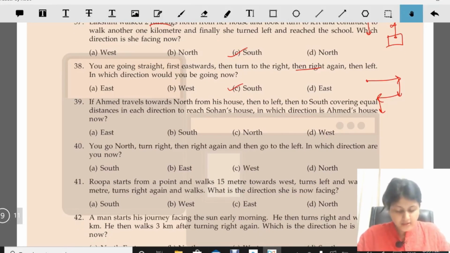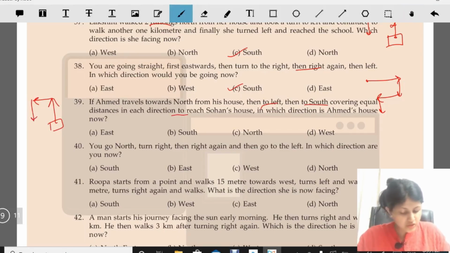If Ahmed travels towards north from his house, then to left, then to south, covering equal distances in each direction to reach Sohan's house, in which direction is Ahmed's house now? So now Ahmed's house is in which direction? It is in the east direction.